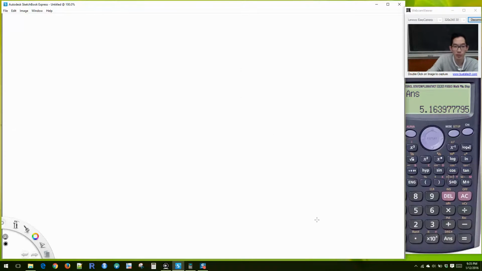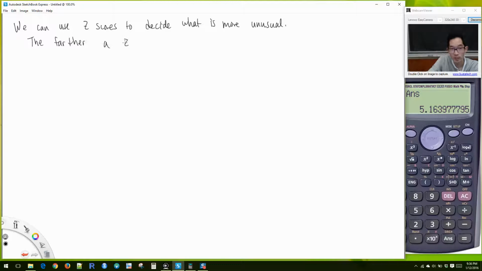And so we can use z-scores to decide what is more unusual. Basically, the farther a z-score is from 0, the more unusual it is.